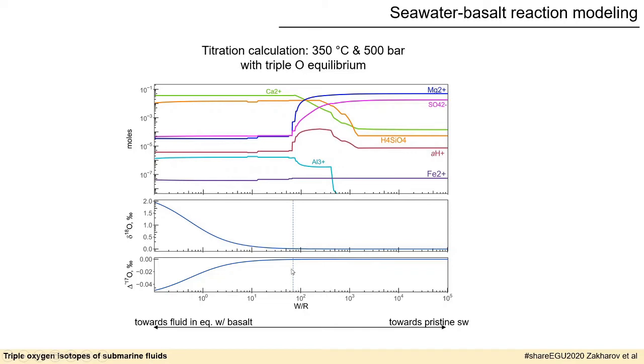However, there's still no change in the triple oxygen isotope value of the fluid. The measurable change in the triple oxygen isotope ratio occurs at a water-to-rock ratio below about 10. And in fact, the water-to-rock ratio of 1 corresponds to the values measured in the end member composition at the Axial Seamount.